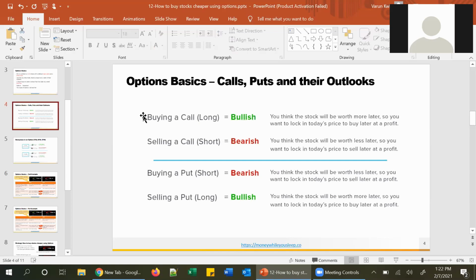So my insurance company is more worried that I should not have an accident. And in this perspective, I'm not worried about my car getting in an accident because I have already paid for that risk to an insurance company. So they are thinking in a different manner altogether. That's how you can see that if a buyer of an option is bullish, then a seller of an option should be bearish, and vice versa.